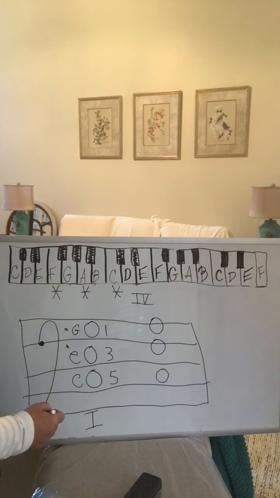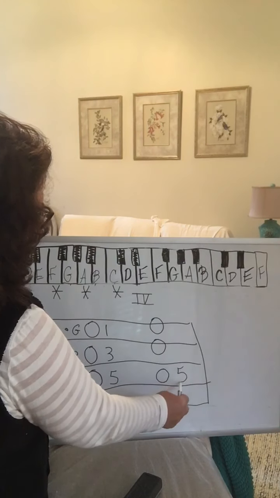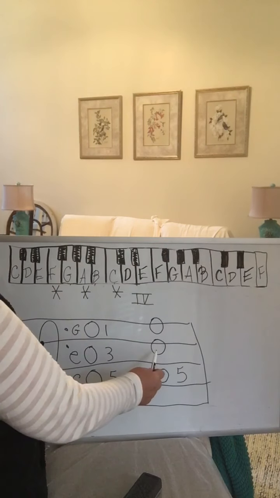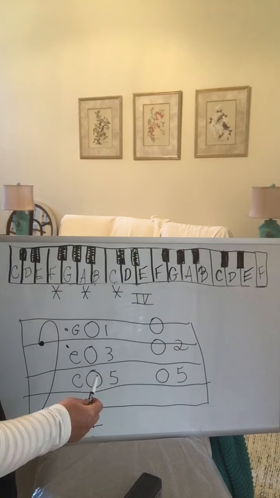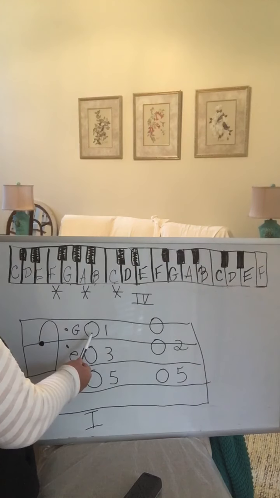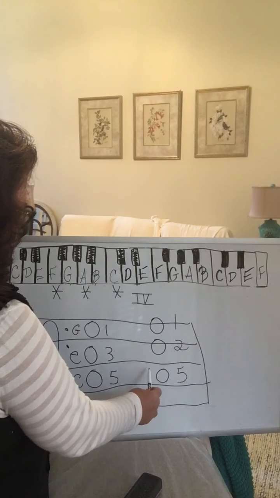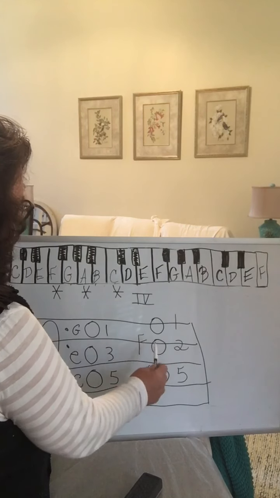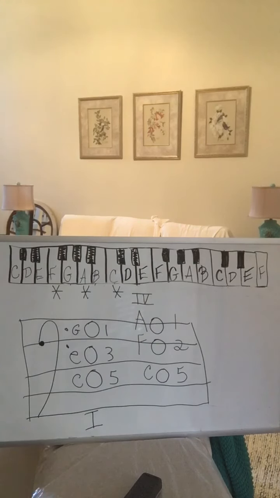So the only thing you're actually doing, you're keeping your 5th finger on the C. You're not going to play your 3rd finger on E. You're going to play your 2nd finger on F. And you're going to move your thumb from the G over 1 note to an A. So you have a C, F, and A. And that makes up your number 4 chord.